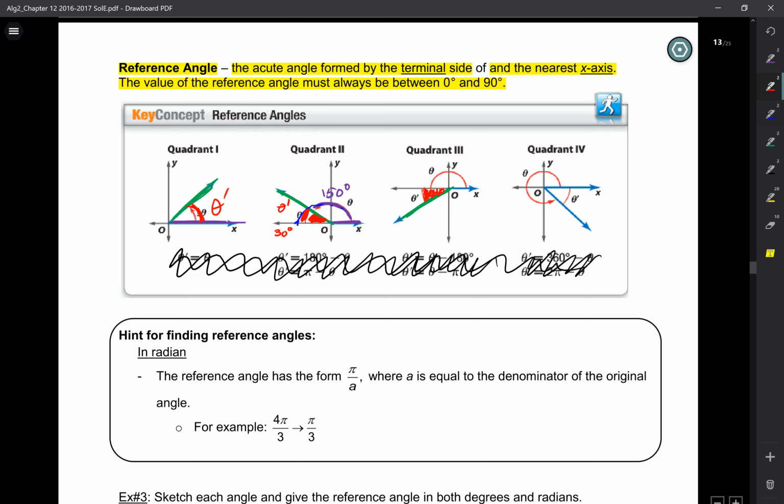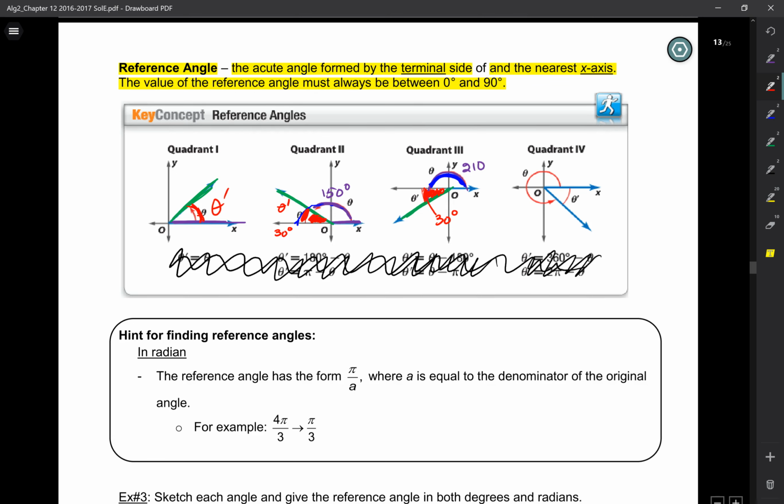Now, suppose this angle was 210. Let's find that red reference angle. This much of it was how much? 180. How much more did I have to go to make it 210? 30 degrees. From 180 to 210, so that's 30 degrees.